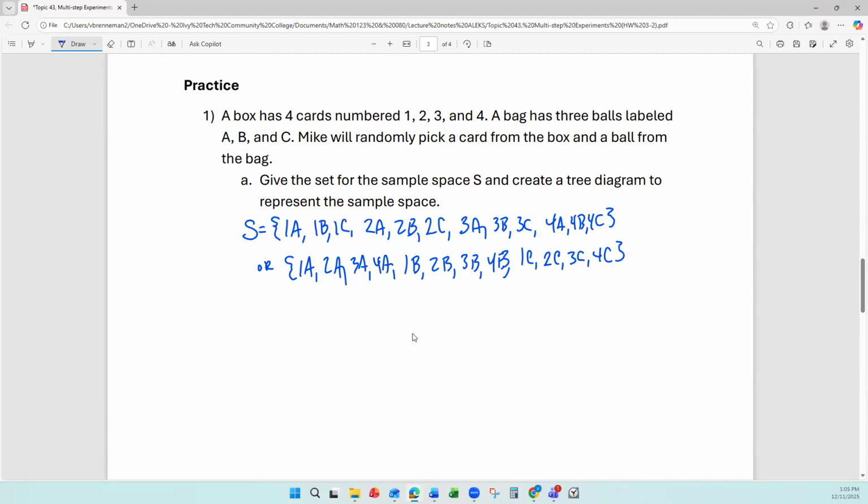And these could also be written, instead of 3A, it could be A3, either way.